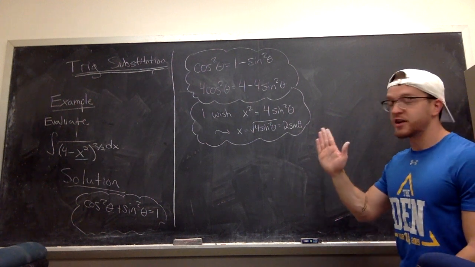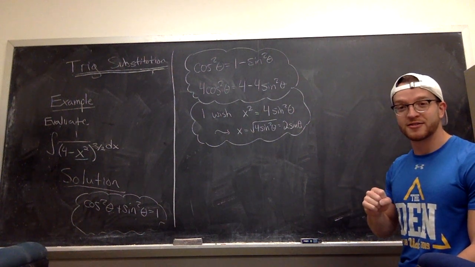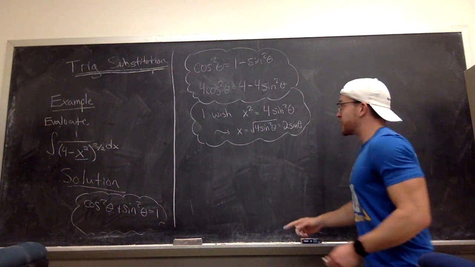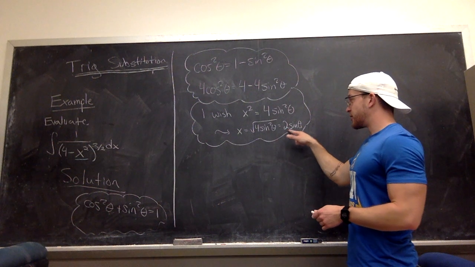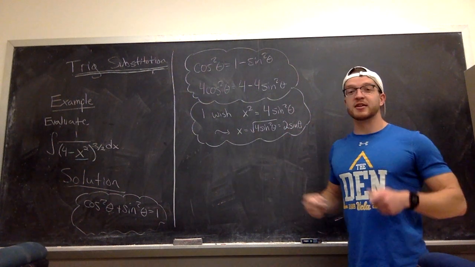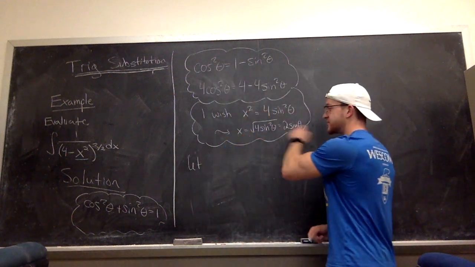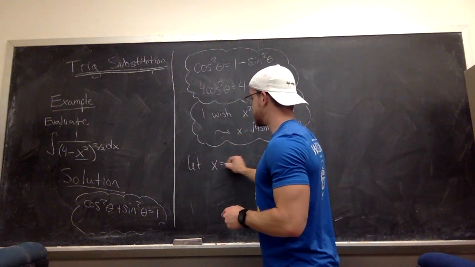As long as you change everything accordingly, you can do whatever you want. So in particular, if I really wish x looked like 2 sine theta, I just speak it into existence. I say, let x equal 2 sine theta.